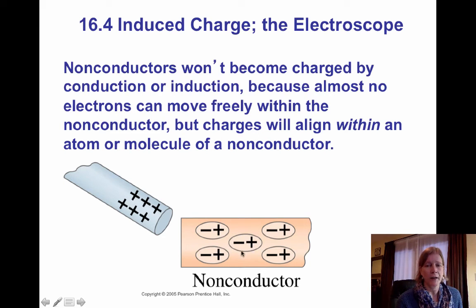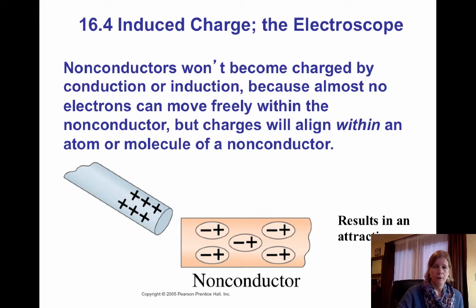They're locked within their atoms. But you can get an excess number of electrons on the left side within each atom, so we can get them aligned within an atom or molecule of a non-conductor. Okay, so you can get a little bit of an attraction here.